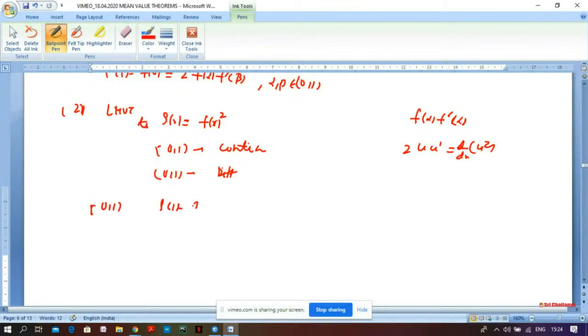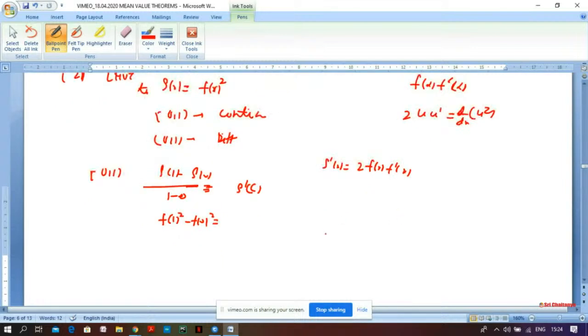So (g(1) minus g(0)) upon (1 minus 0) is equal to g prime c, that is, f(1) square minus f(0) square equals g prime c. Now g prime x is 2 f(x) into f prime x. So this is 2 times f(c) into f prime of c, for some c.